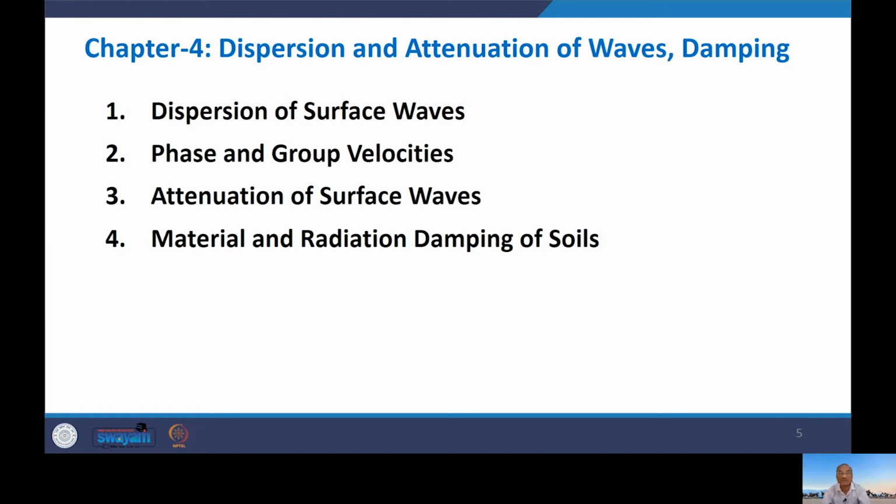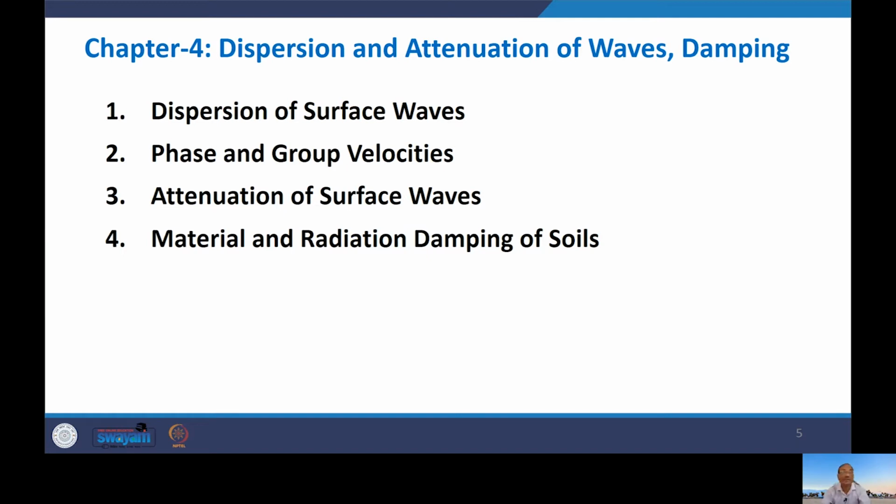Within the body waves, we have 2 types, P wave and S wave. Then you have the surface waves, where again we have 2 types, Rayleigh waves and Love waves. Within the category of surface waves, this phenomenon of dispersion occurs.